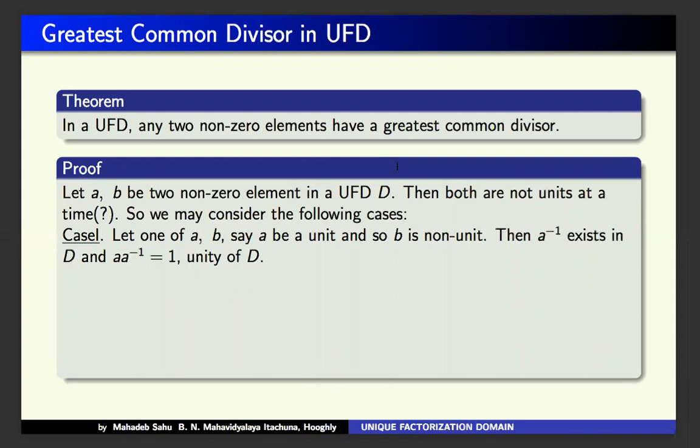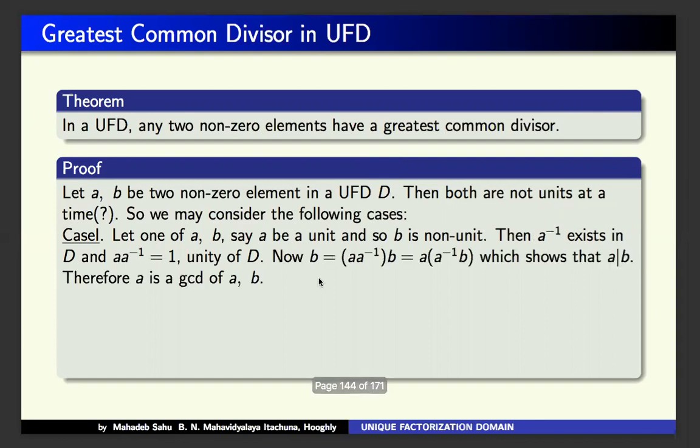So we can write A inverse in D, and A inverse A equals 1, which is the unity of D, and B can be written as A inverse A B, which is equal to A into A inverse B, using the associative property.